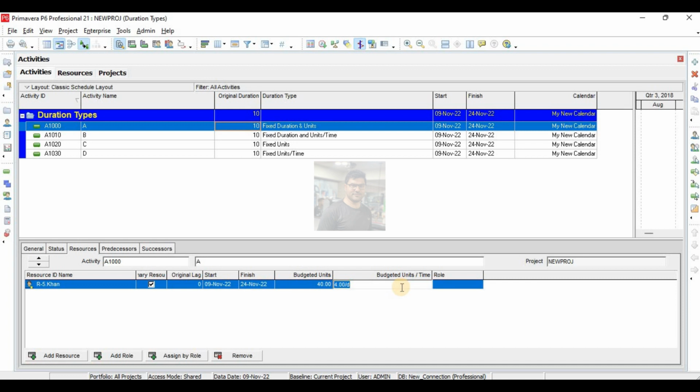If I make it 16 per day, it will work for 160 units. So in fixed duration and units, changing duration or units changes units per time, but if you change units per time, units will change, not duration. So duration will be fixed in all scenarios unless you change it manually.